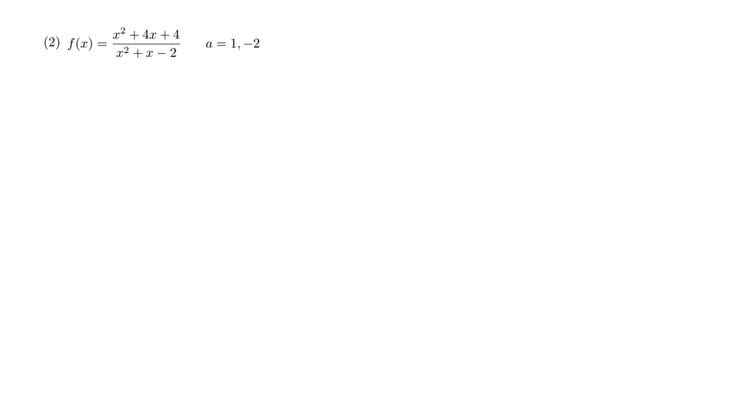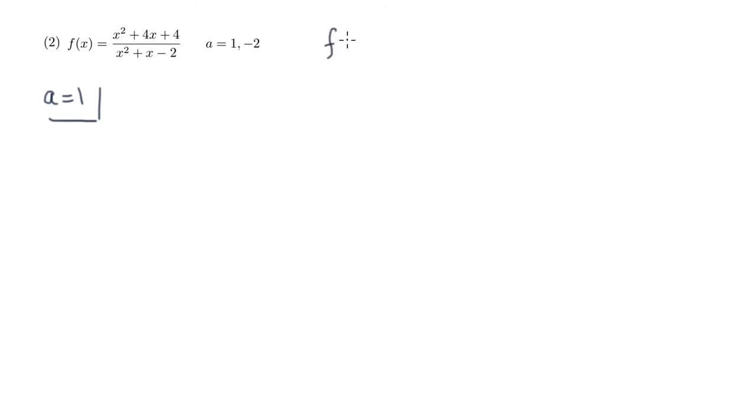Okay, so another rational function, and we're trying to take the two-sided limits as x approaches 1 and then as x approaches negative 2, and then see if there are any vertical asymptotes. So let's look first at the case a equals 1. Before I even start taking limits, let me simplify what f of x is.